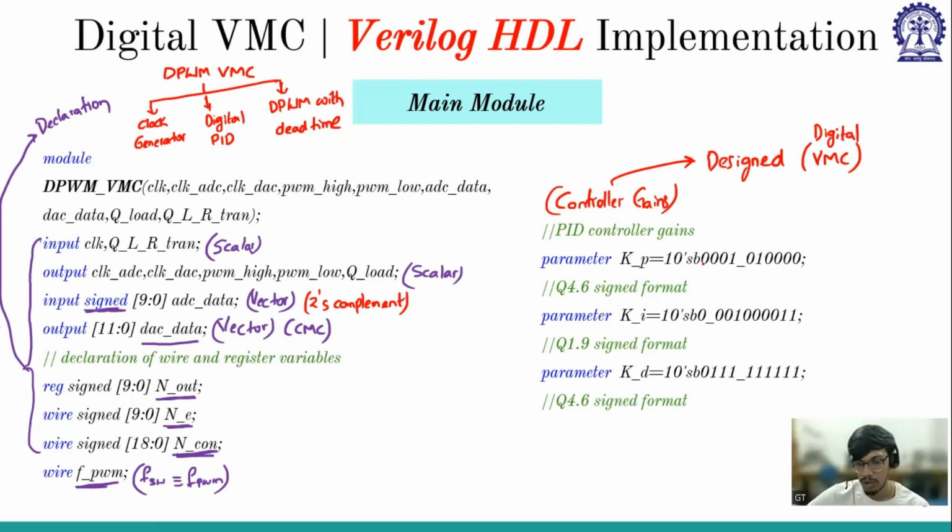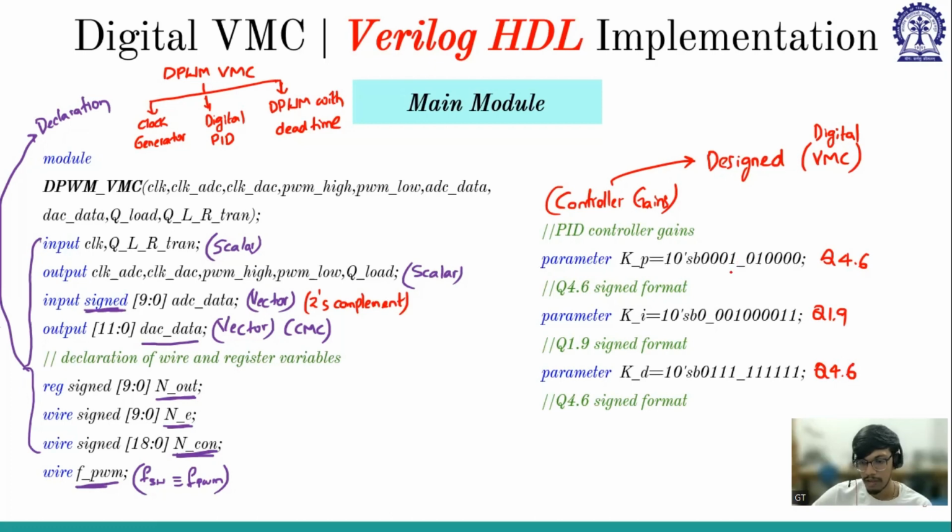And what is the Q format of this? 3.6. Sorry, 4.6. So this is Q4.6 and KI is 1.9. And again, this is also Q4.6. And underscore works like a dot, but the simulator will ignore this.